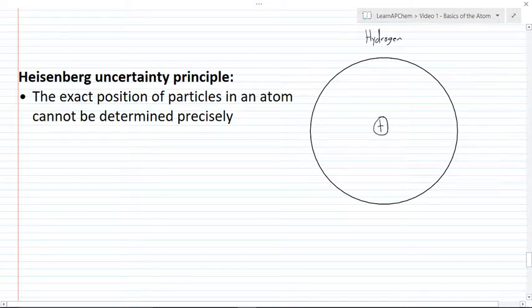Okay, so the Heisenberg uncertainty principle is saying that the exact position of particles in an atom can't be determined precisely. So here, when I draw the Bohr model of hydrogen, I say that we have 1 proton in the nucleus. That's excluded from this Heisenberg uncertainty principle. This would not be hydrogen if it didn't have a proton for its nucleus.